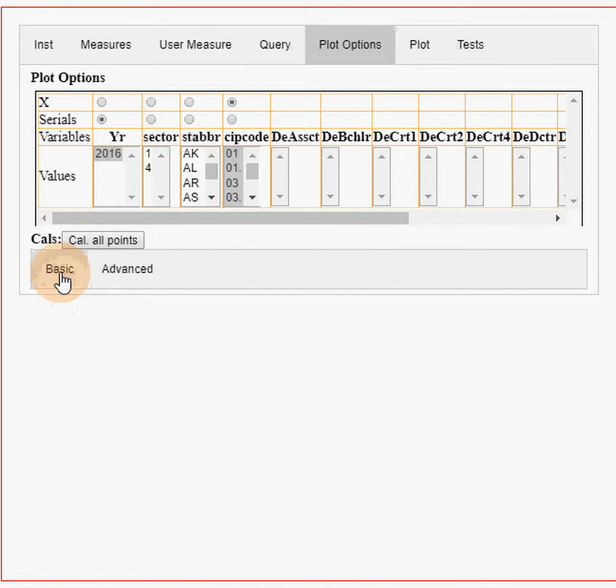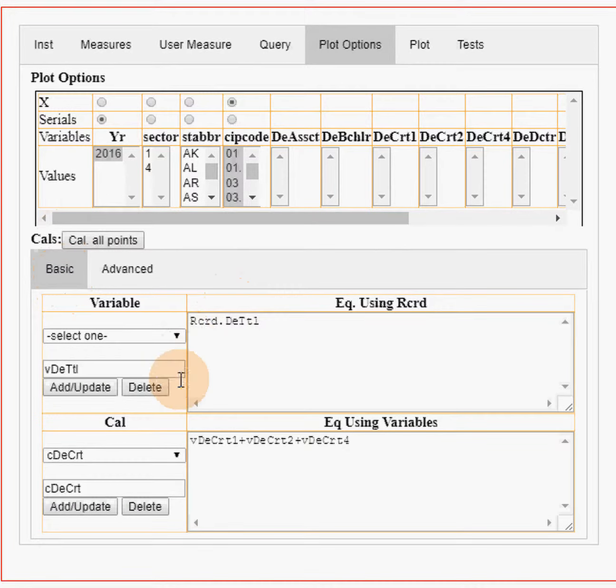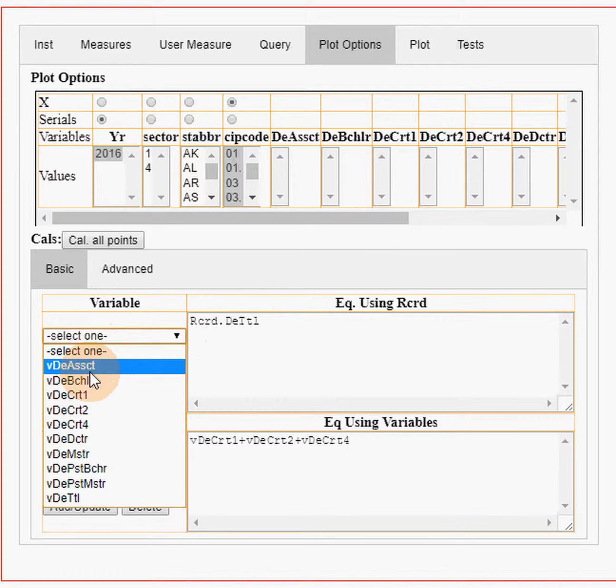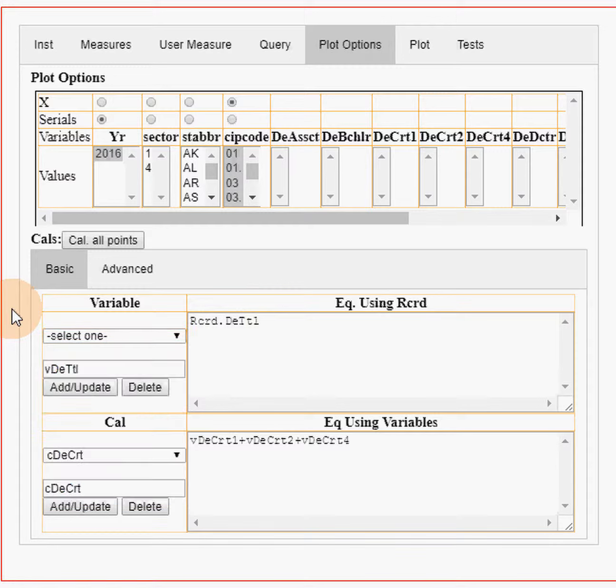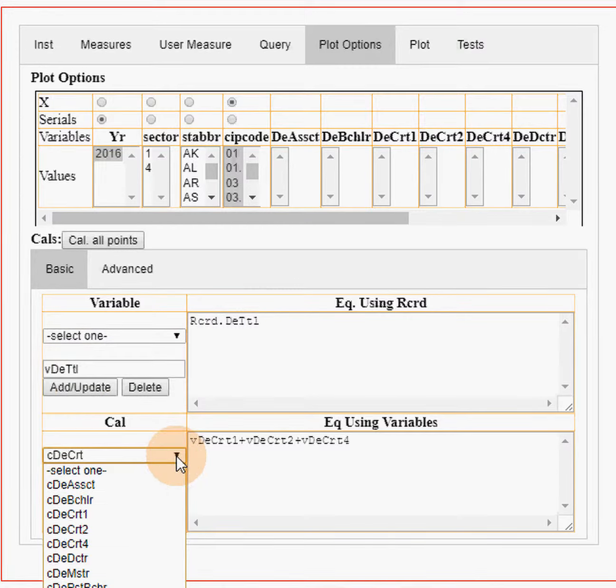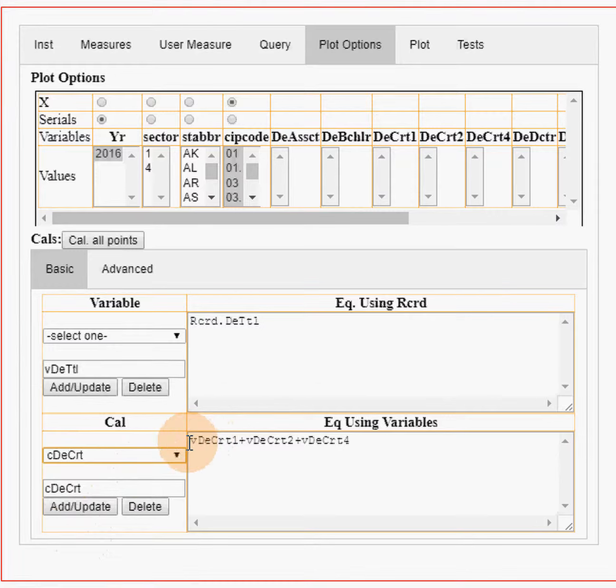Again, we define all the variables for each level. The only difference this time is over here in the calculate value field, I include a certificate level, which is defined as the sum of certificate 1 plus certificate 2 plus certificate 4.